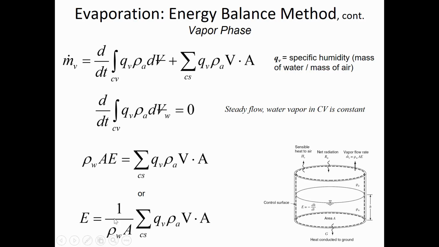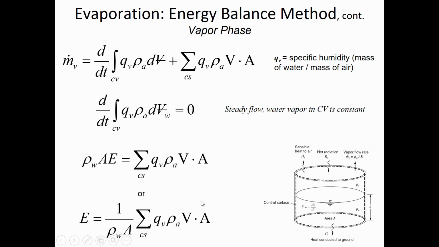And the rate of evaporation is going to be how quickly the water is moving through the surface. That top area is the area that we would use as our top control surface. And V here is the velocity that the air is moving out, in contrast to the V with the cross through it, which meant volume in the previous steps. So V times A is a volumetric flow rate. Then we have the density of the air multiplied by the specific humidity.